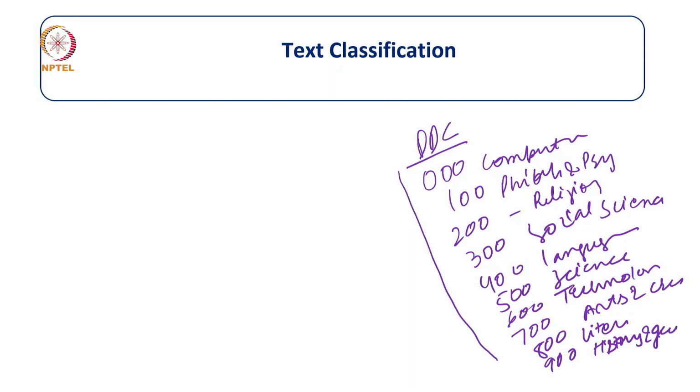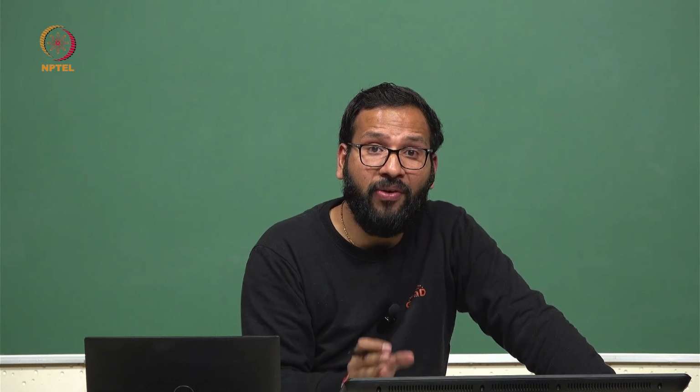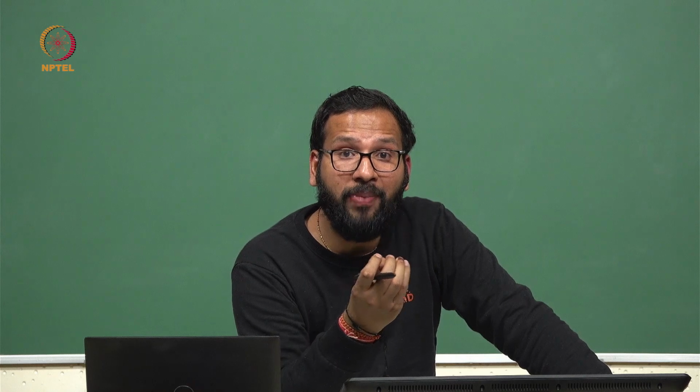So in text classification, we have these predefined categories. We have these 10 categories, and whatever text document comes, we label it based on this category.